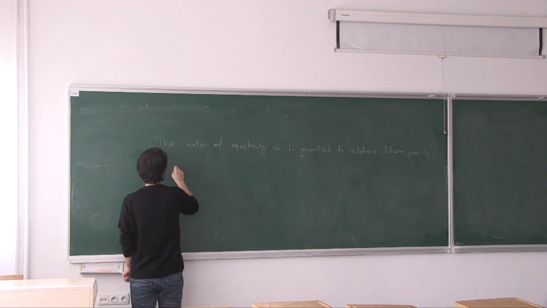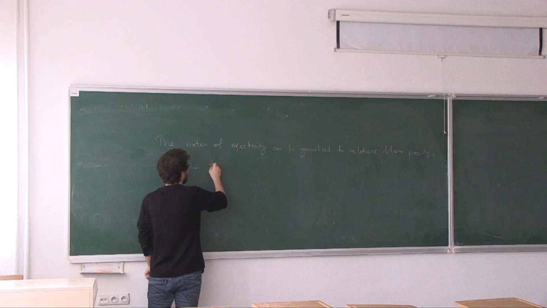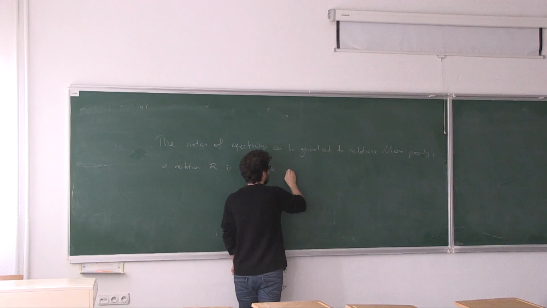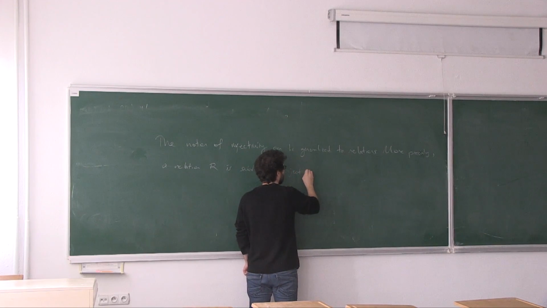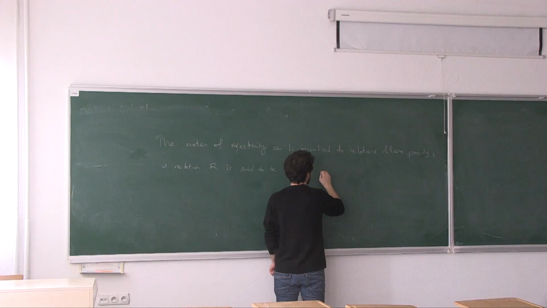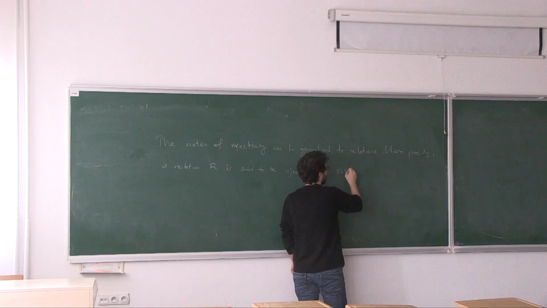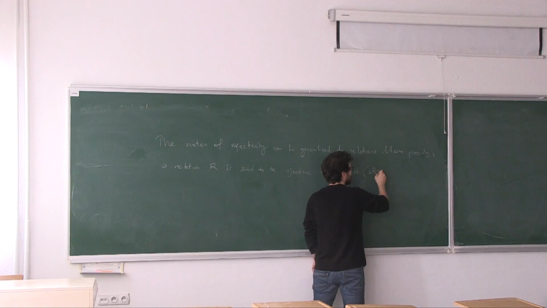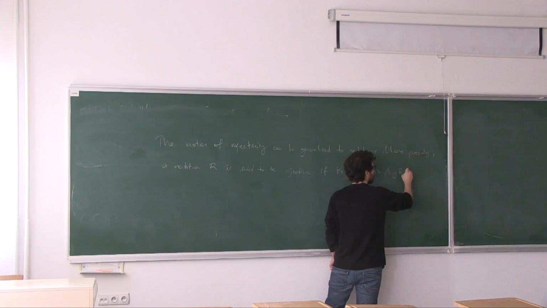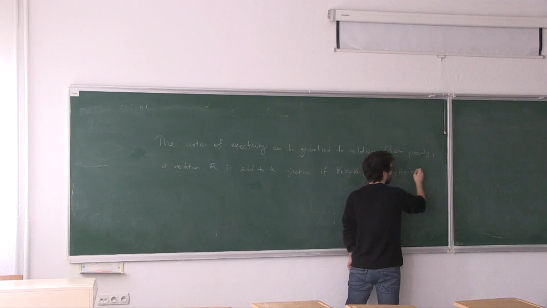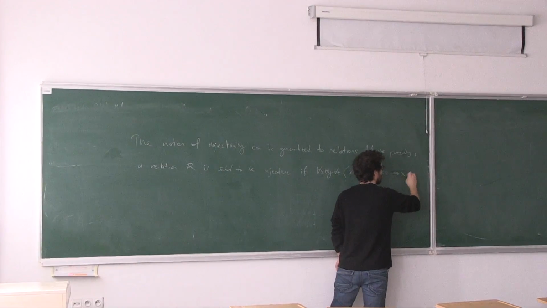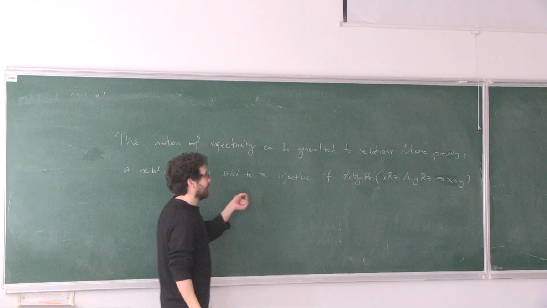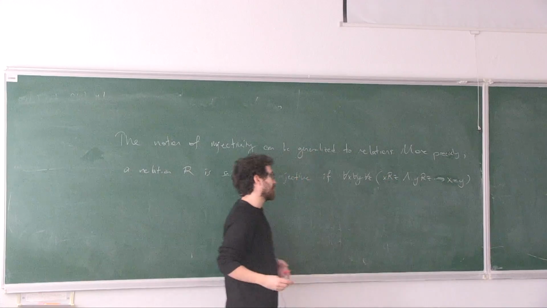A relation R is said to be injective if the following happens. When R relates two guys to the same object, those guys are the same. Okay? So this is just like the definition of an injective function, except you put an arbitrary relation.